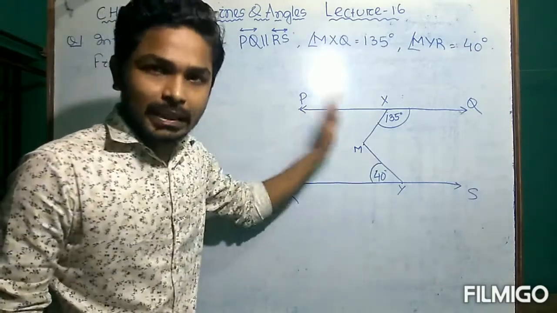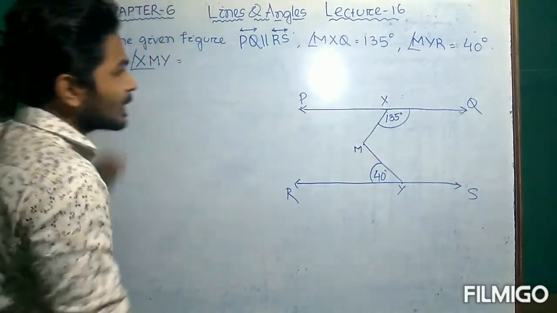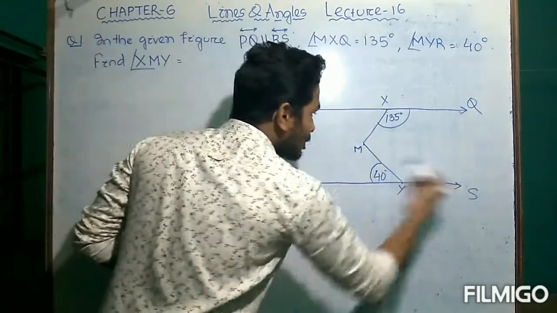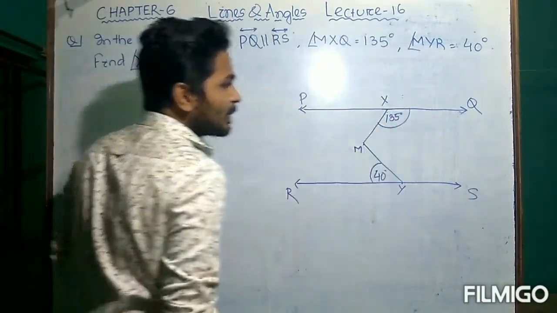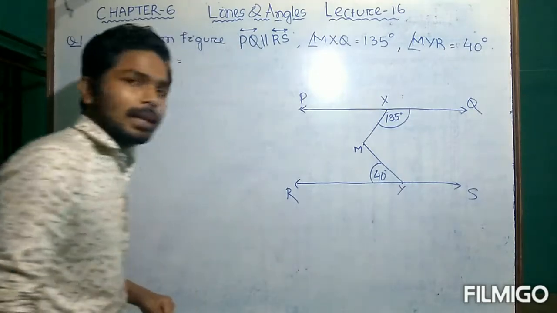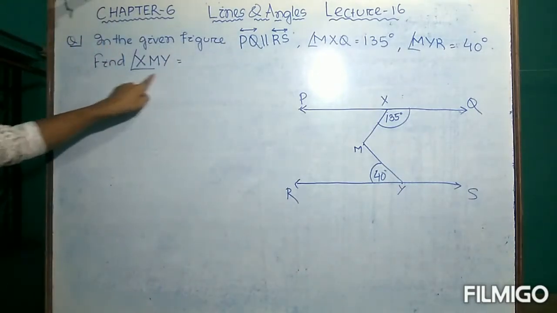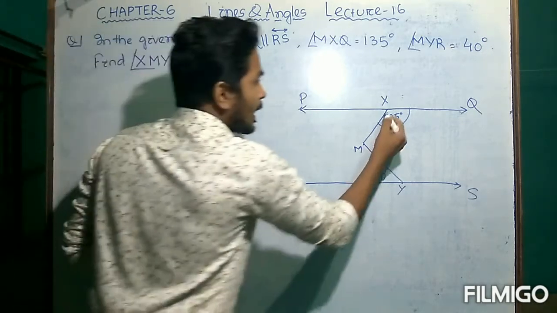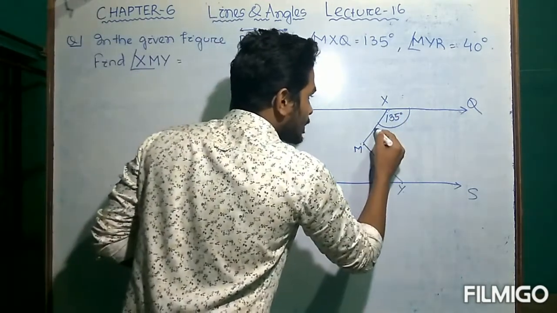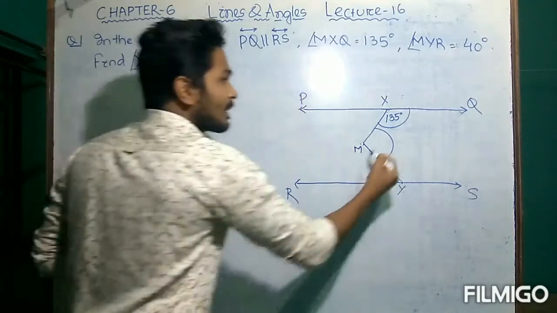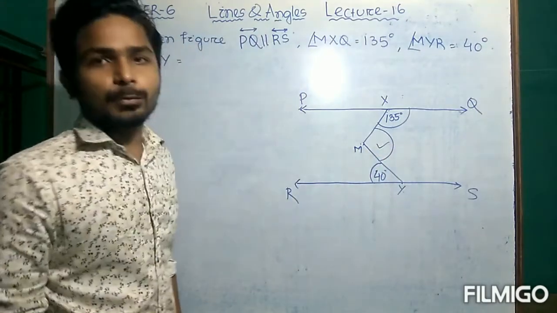So this data has been given in this question: PQ and RS are parallel, this angle is 135 degrees and this angle is 40 degrees. Now you have to find the measurement of the angle XMY. So we have to find out this angle's value.